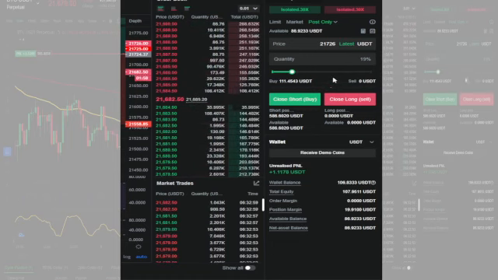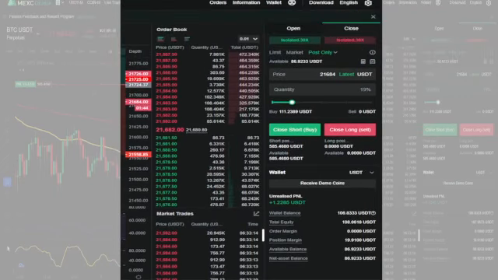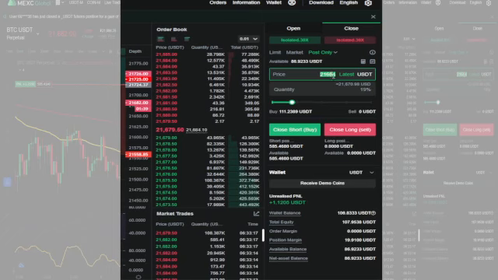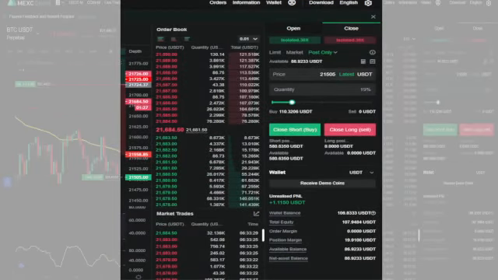Now that I am in profit, I could hit the latest, or I could go with whatever I was looking at my take profit range to be, and I think I said 21,505. Now click to close your short by buying and confirm it, and you should get a line on the screen.